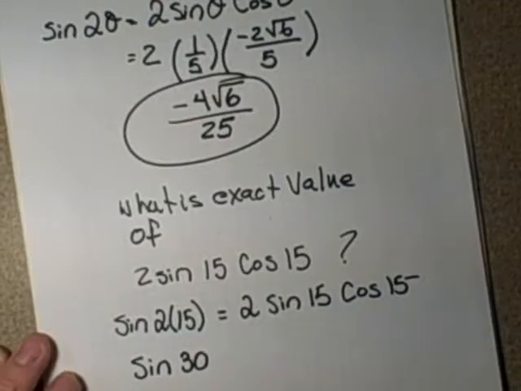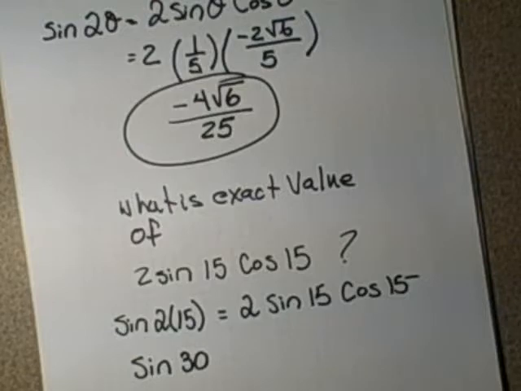We know the sine of 30, if you look all the way back in your book at the 30, 60, 90 degree triangles. The one reference page that you can always look at is page 3 or 4, I believe. All of them are on page 4. We know that sine of 30 is 1/2.